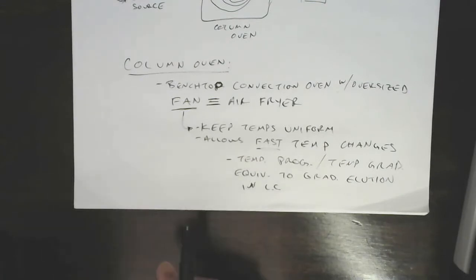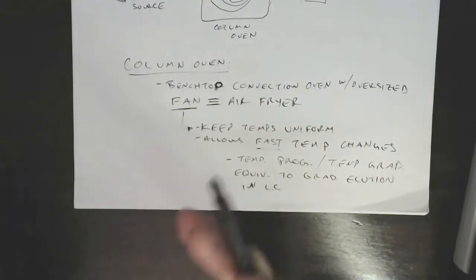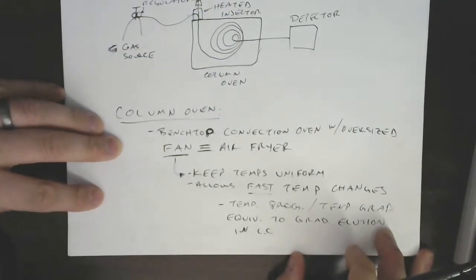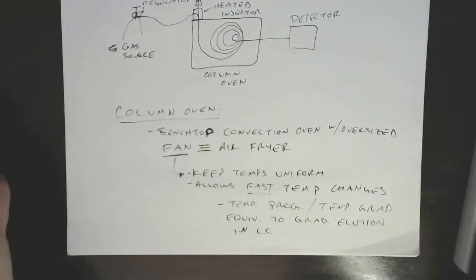And you do it for the exact same reason. You have the general elution problem: things that bind to the column too strongly have too high of a lowercase k, a retention factor. You want them off the column faster because you don't get a lot of useful chromatography with too high of a k value. So you do things like ramping the temperature in a linear fashion to get everything off the column faster.